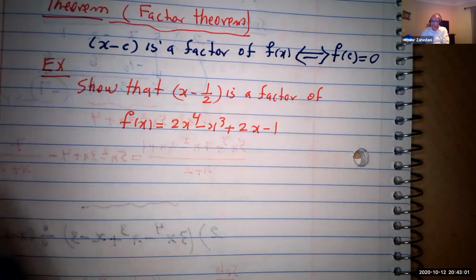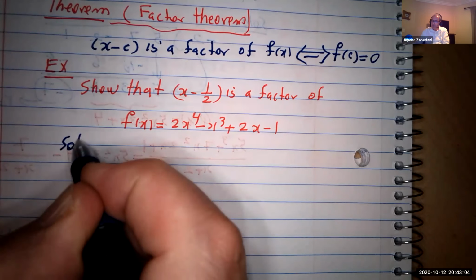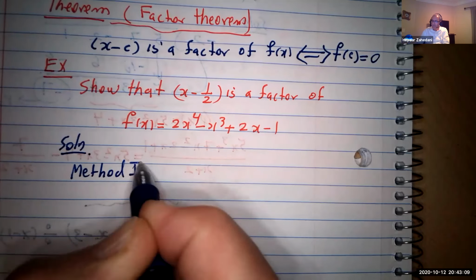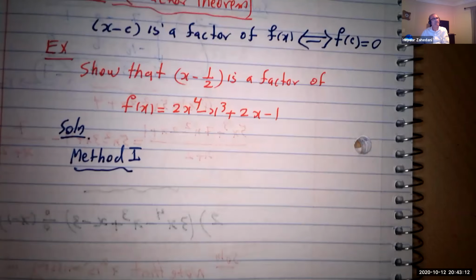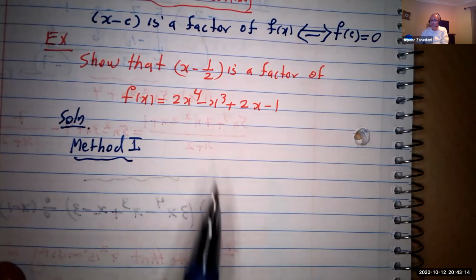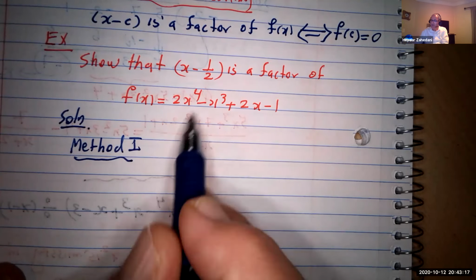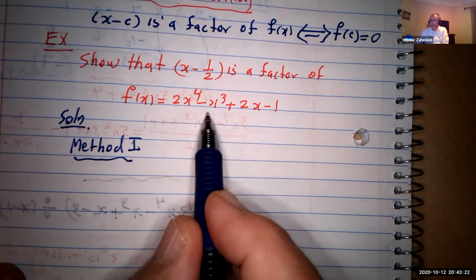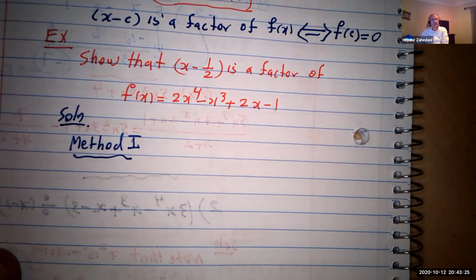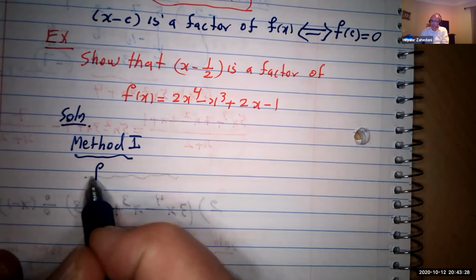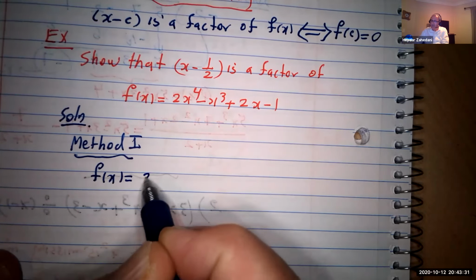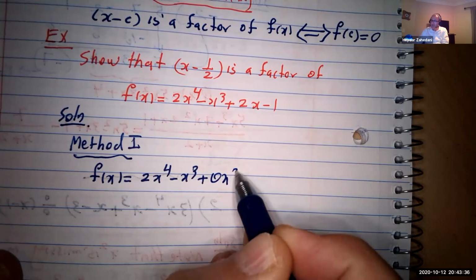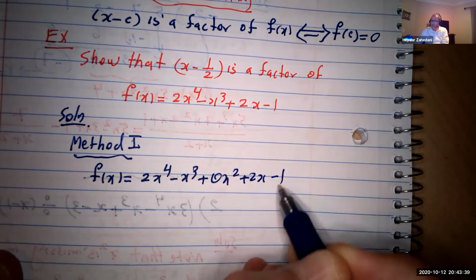Solution, method 1: divide. We change this into positive 1/2, and you have to rewrite the polynomial. Method 1 is synthetic division. So I rewrite f of x as 2x to the fourth minus x cubed plus 0x squared plus 2x minus 1.